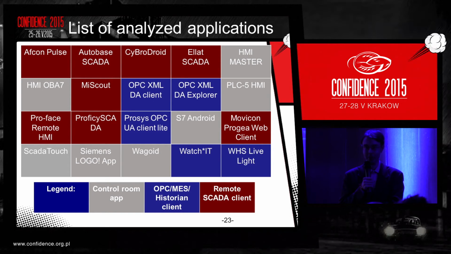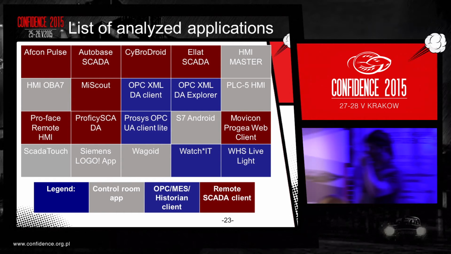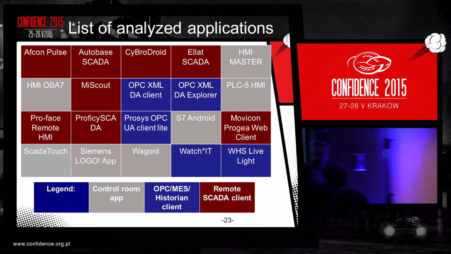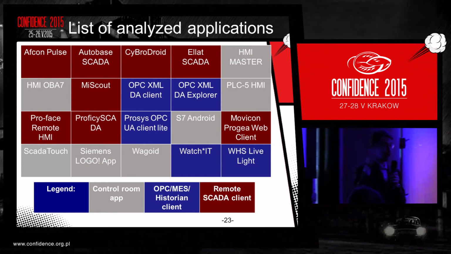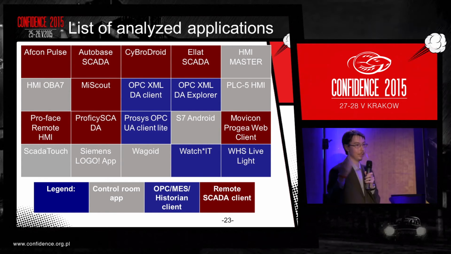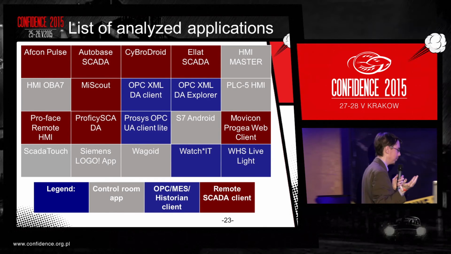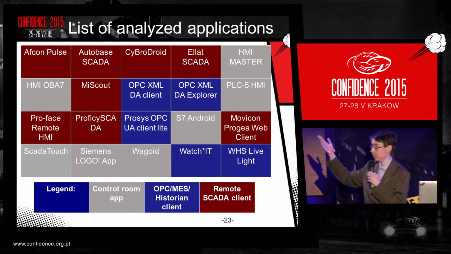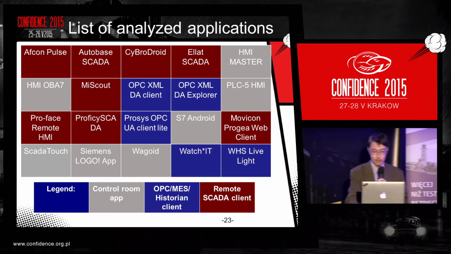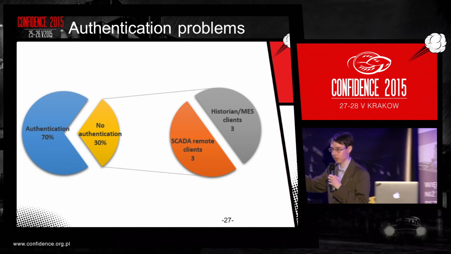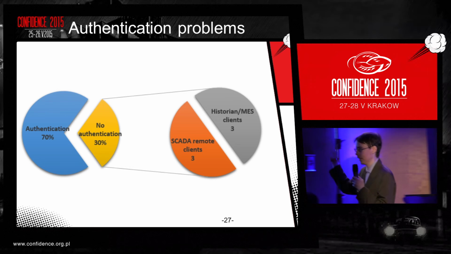Many, I think most of them. I couldn't say how many. Yes, on the next slide, because of course we don't test authentication for control room applications because it's a safe environment. It's useless to test the authentication in a control room, but for non-control room applications, 6 applications failed to authenticate at all.